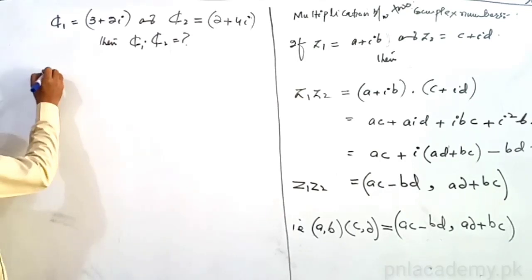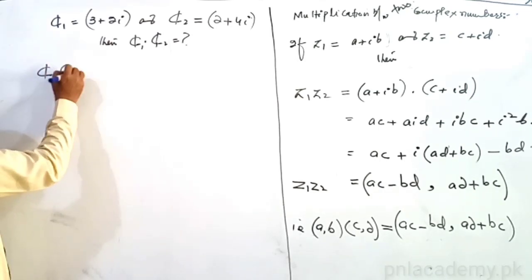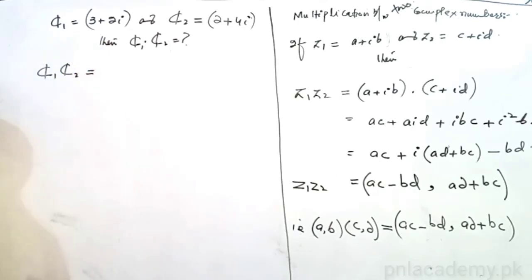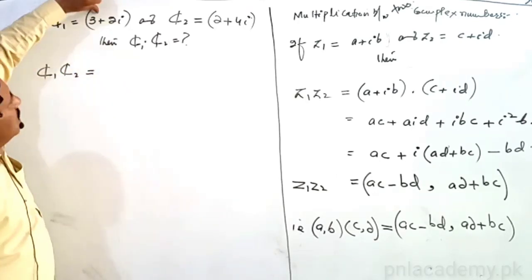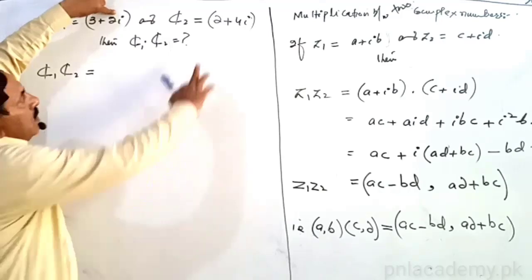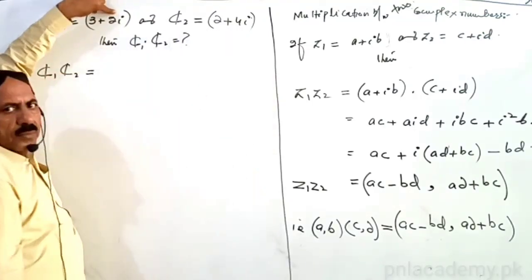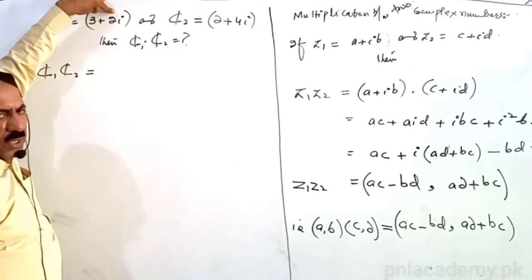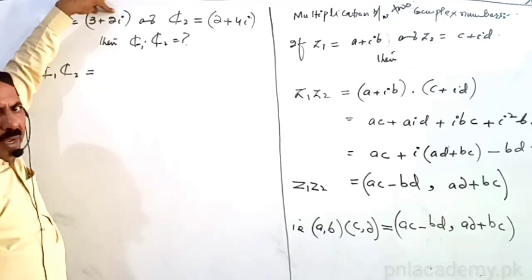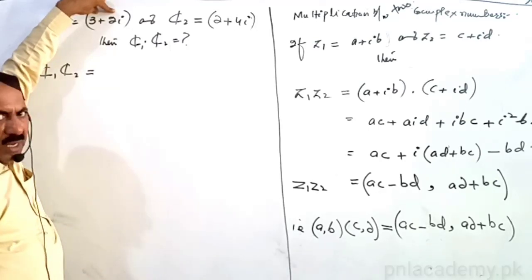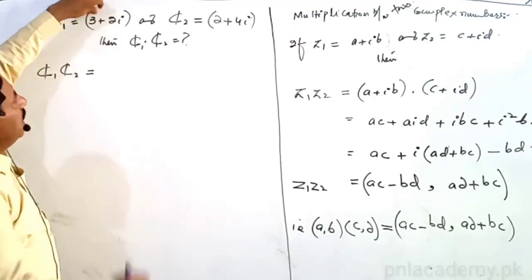So the condition is complex number 1, complex number 2, this is A, B, C, D. According to the definition, according to the formula, (A, B) multiplied by (C, D) is AC minus BD.